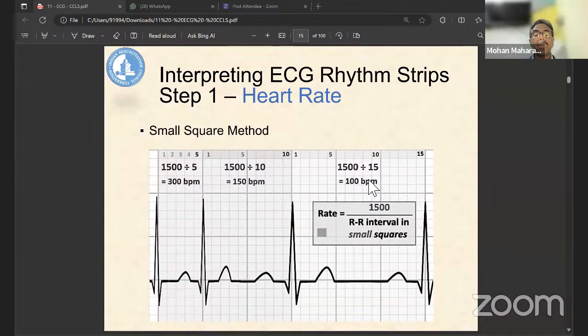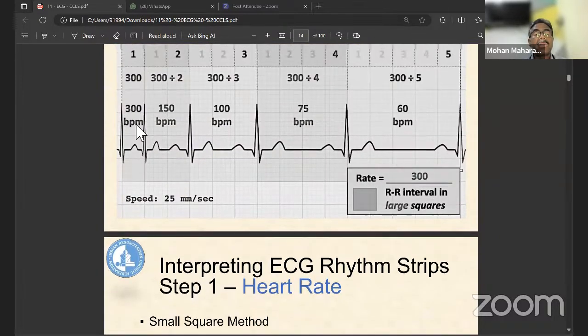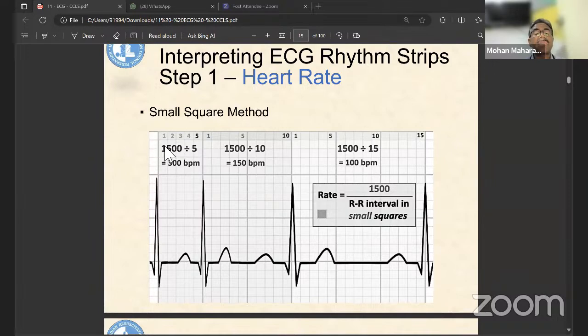Again, another method uses the smaller squares. As we told, each large square is 0.2 and each small square is 0.04. It is the same thing as above, but there you are calculating with the bigger squares, and here you are calculating with the smaller spaces. So 300 for 1 large square becomes 1500 for 1 small square, because a large square is 5 small ones. So you divide 1500 by the number of small squares.